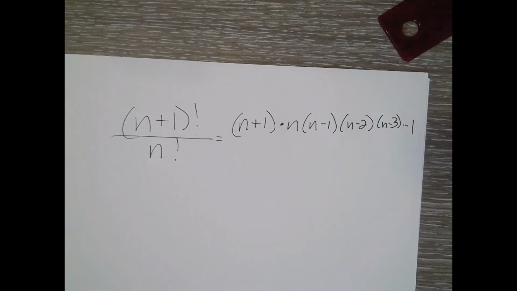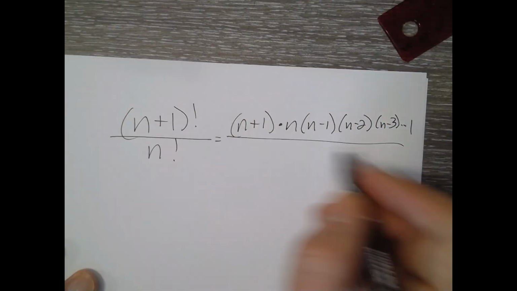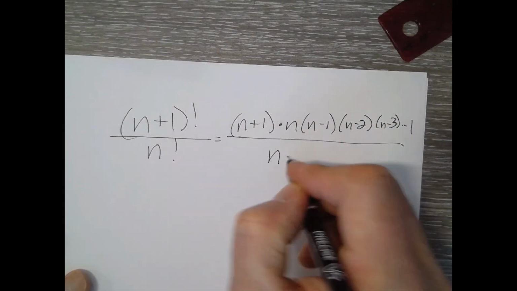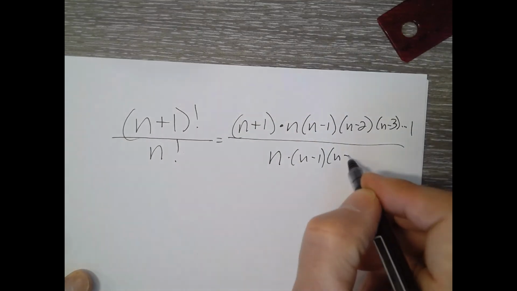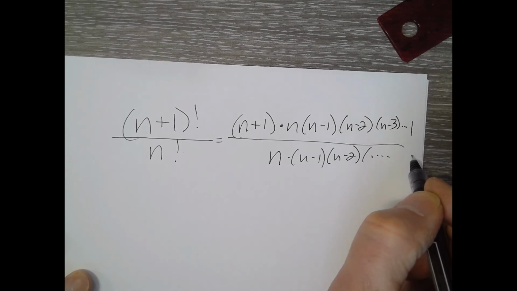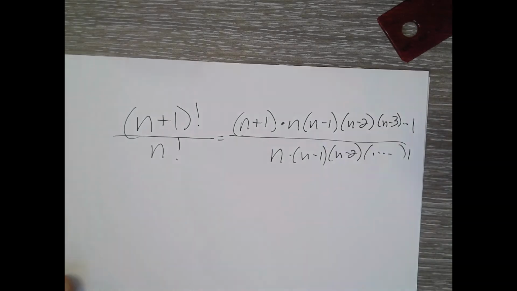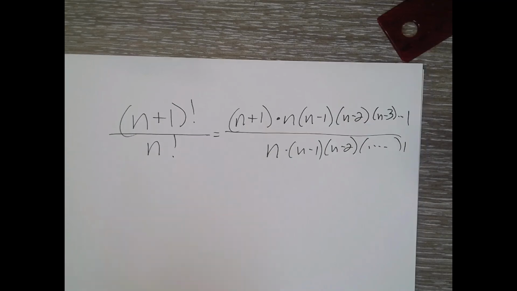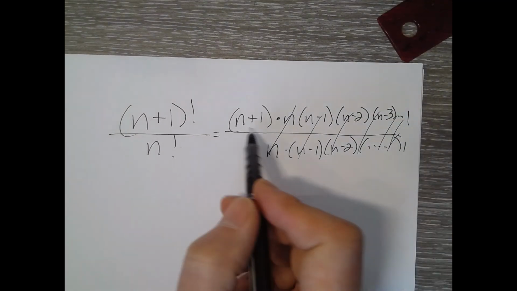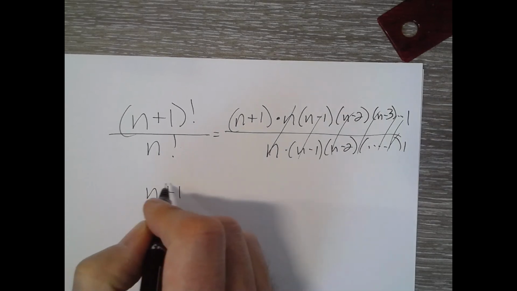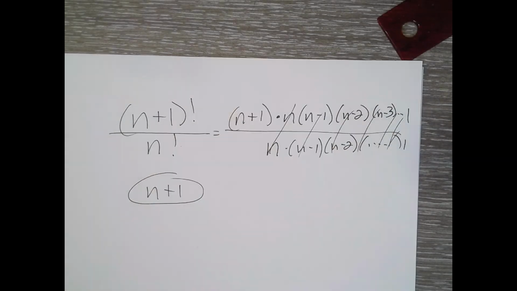Well, what does n factorial look like? Well, it starts with n, and then 1 less than that, which is n minus 1, and n minus 2, and all the way down to 1 also. So they're basically the same thing, except the top one has one more factor. So it's just going to be n plus 1. That's what that simplifies to be.